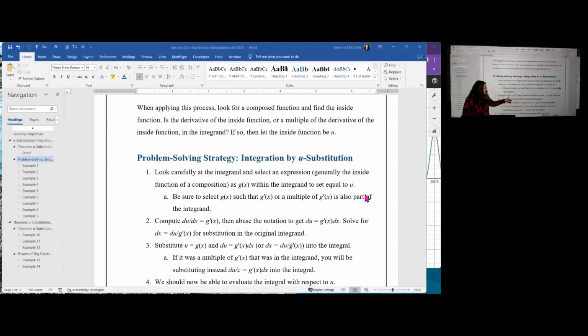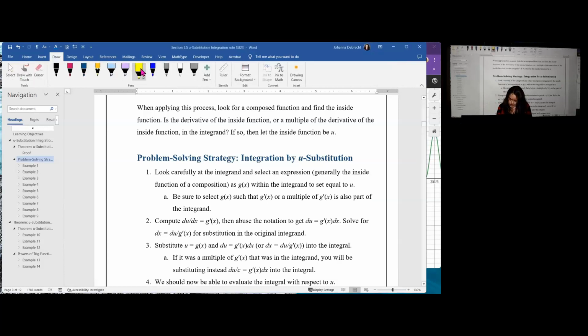So we're going to take the denominator differential and swing it around to the right side to isolate the differential du. Du then becomes g prime of x dx. Once we have this expression, then we'll be able to substitute in the original integral.